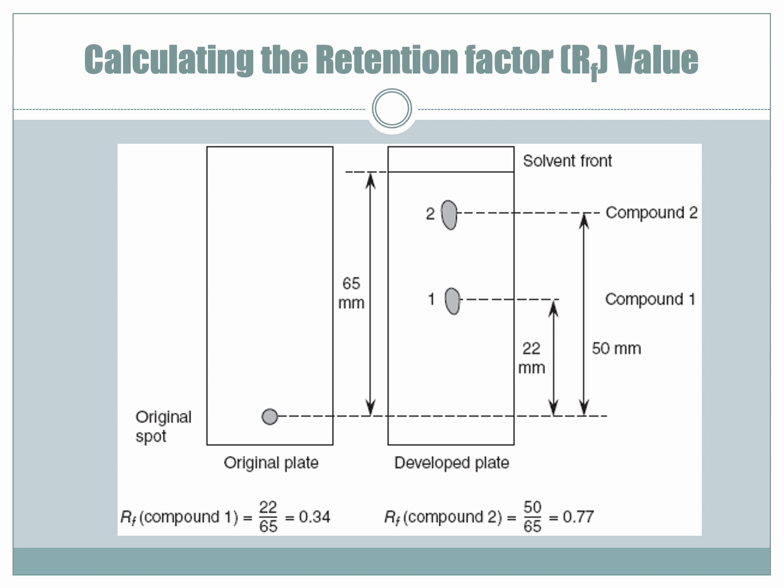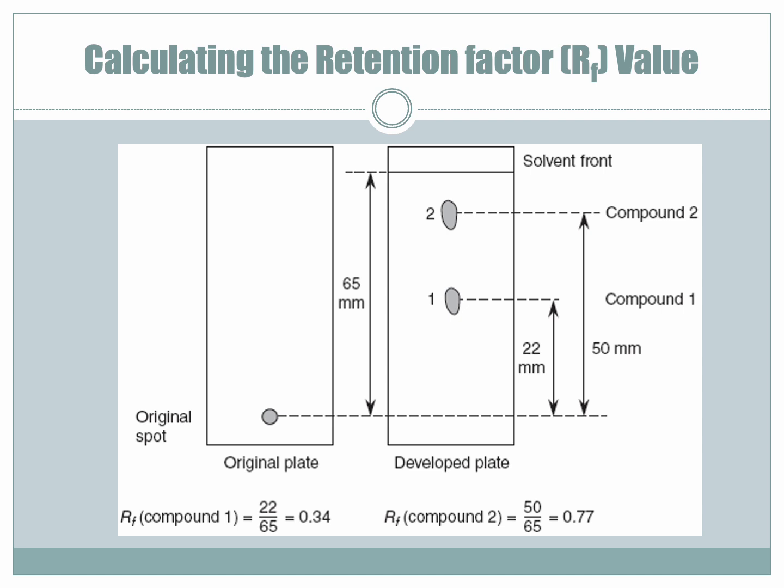Then we calculate what's called the RF, which is the retention factor. And the RF is easy to calculate. We start a line at the very bottom where we put our spots, and then we draw a line at the very top where we put our solvent front. And so the distance between the line where we spotted and our solvent front is 65 millimeters. And then we also measure the difference between where we started and where the spot is.